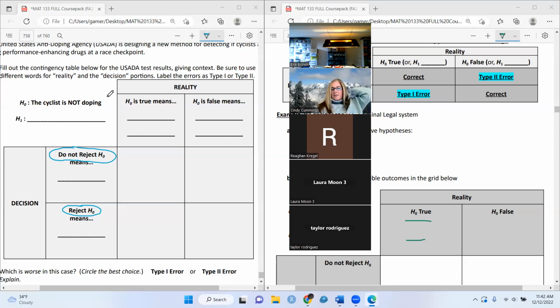I think we have a very generic thing on one of our Appendix A pages where we put what kind of decision it was. Like this is a correct decision, this is a correct decision, this would be your type 2, this is your type 1. We did that, but we didn't put any context with it.